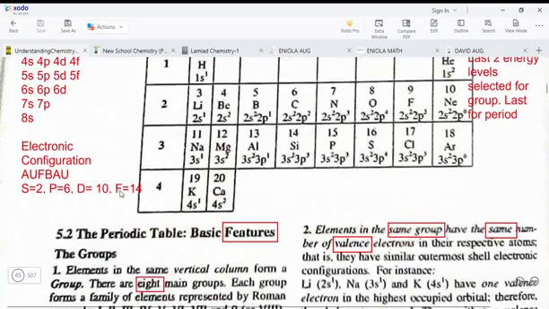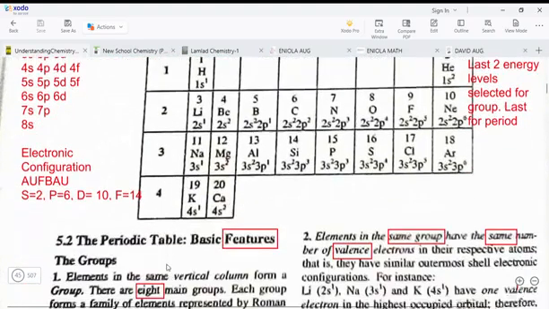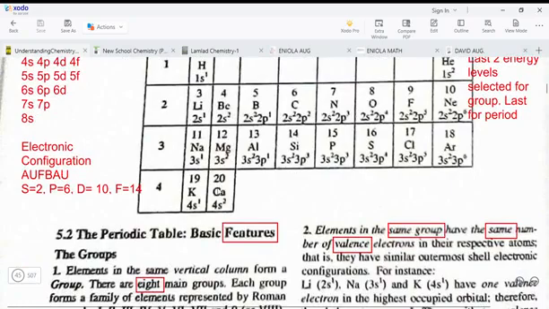Then in addition to that, take note, as I said, highest of S is 2, P is 6, D is 10, F is 14. So in case you are told to write the configuration of, let's say, that of calcium of number 20. Remember, calcium is the last element from the first 20 elements, 20.